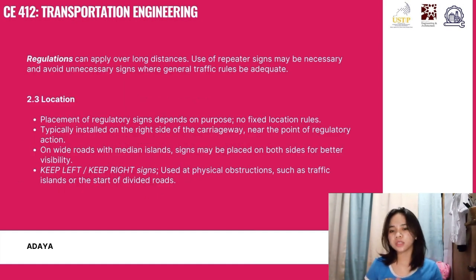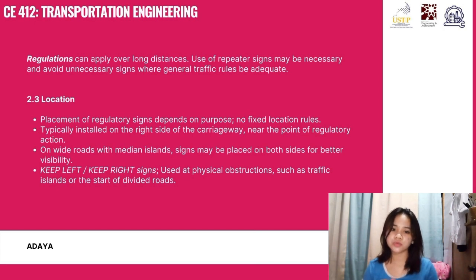And then in 2.3, the location. So the placement of regulatory signs depends on purpose. No fixed location rule. No specific rules can be applied to exact locations of regulatory signs as their positions vary depending on their purpose, and then they are typically installed on the right side of the carriageway near the point of regulatory action.